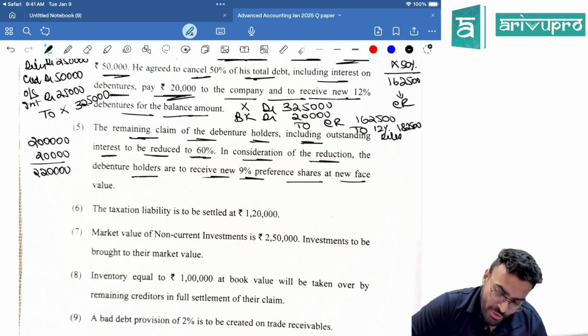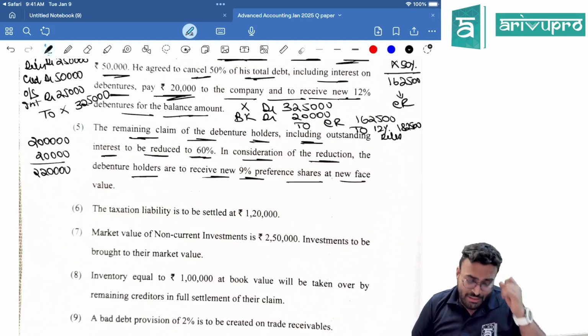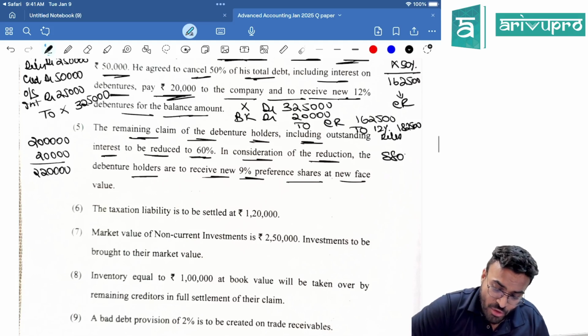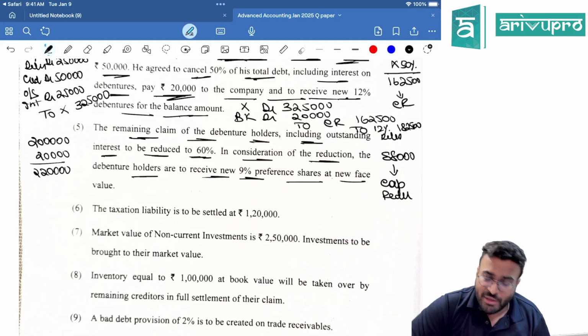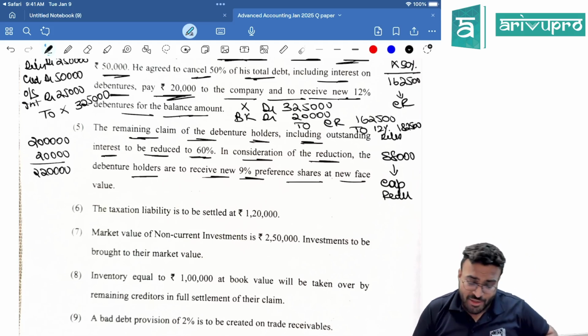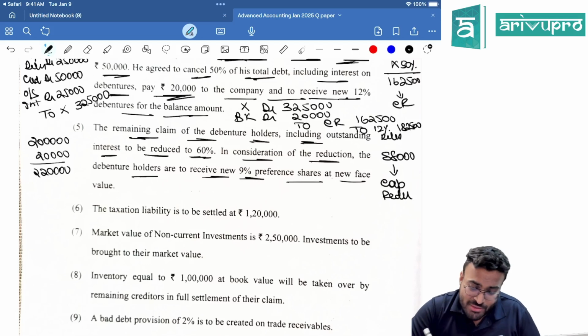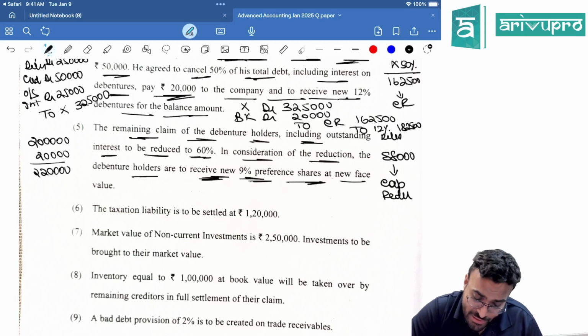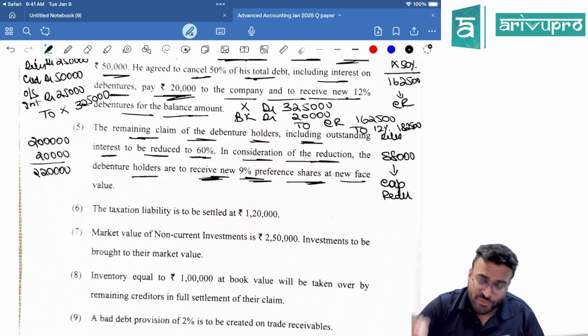So now you can pass the entry. 88,000 is removed, so 88,000 will go to capital reduction. Here 88,000 will be transferred to capital reduction. And now, because they agreed, what are we going to give them? New 9% preference shares at face value, in consideration of the reduction.